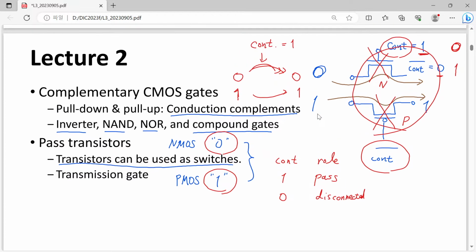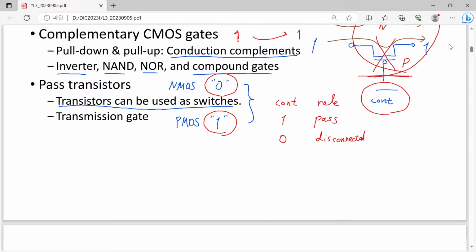Please remember this one: when the control signal equals 1, it just copies the input to the output, and 0 isolates it.